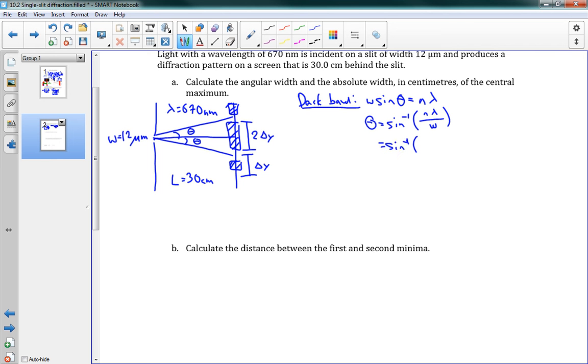Sine inverse of 1 times my wavelength, 670 times 10 to the minus 9, all over my width, which is 12 times 10 to the minus 6. And if I get that result, I should get that my theta is equal to 3.201 degrees.